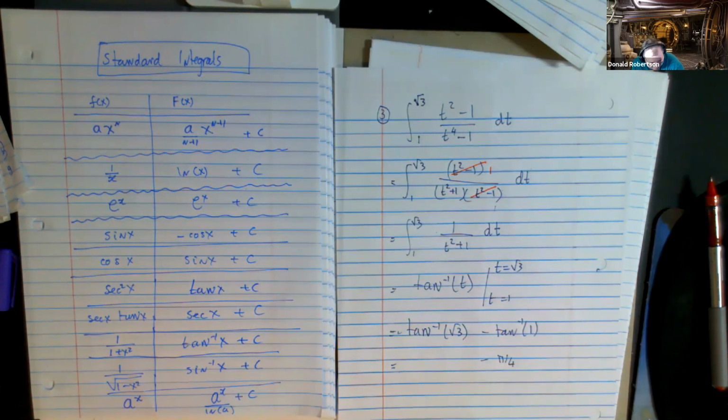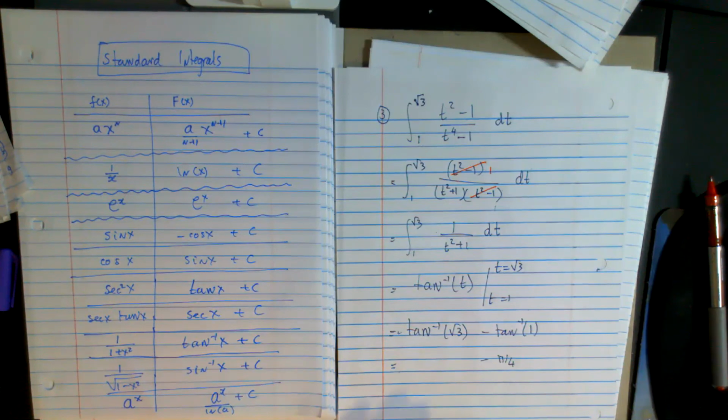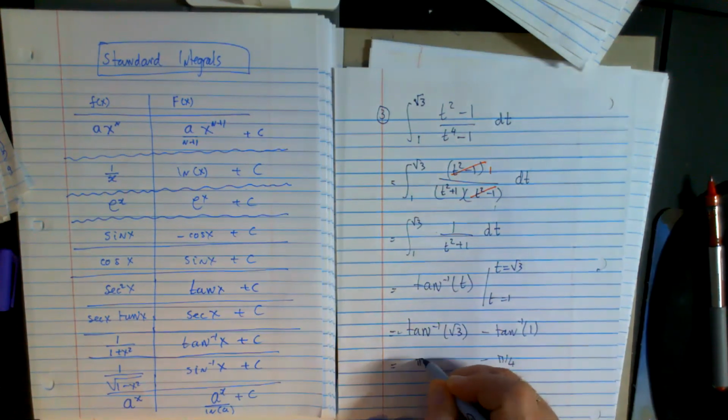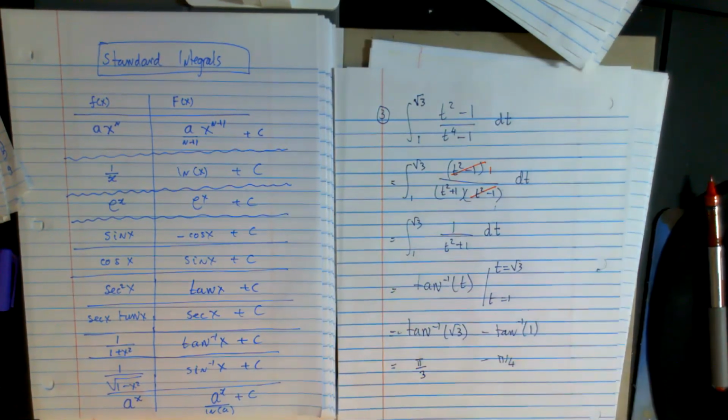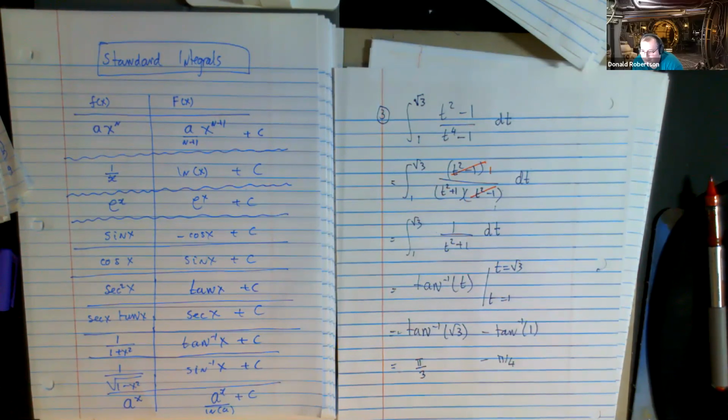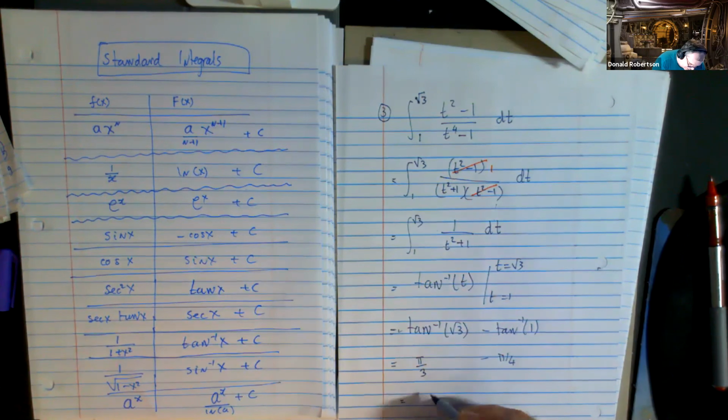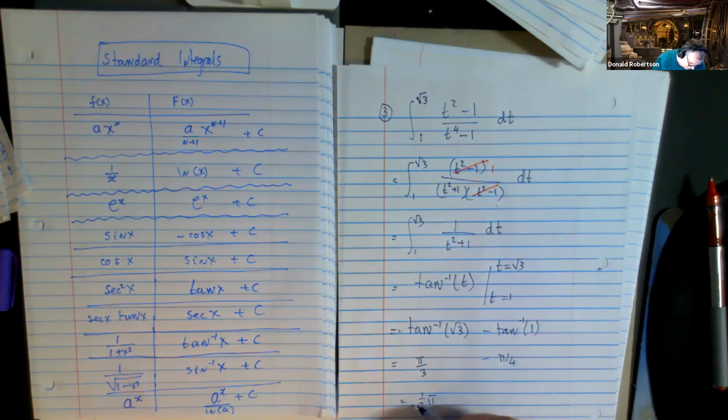Any takers? Is that pi over 6? Yeah, you were so close. Pi upon 3. And that ends up being 4 twelfths take away 3 twelfths. So I guess the final answer is 1/12.